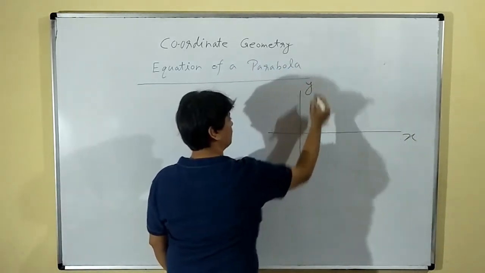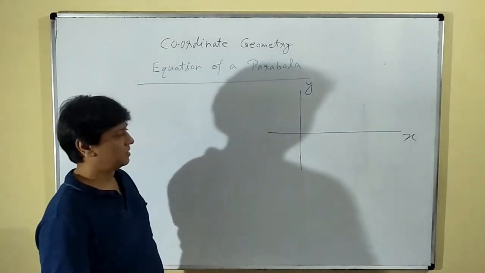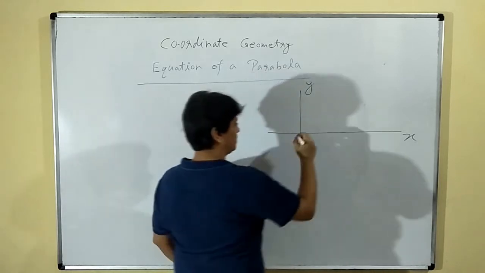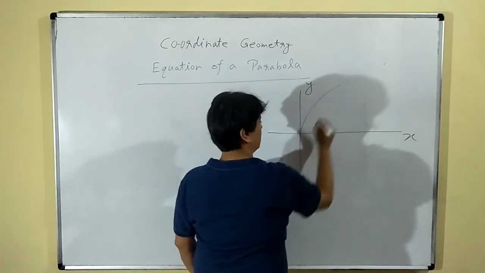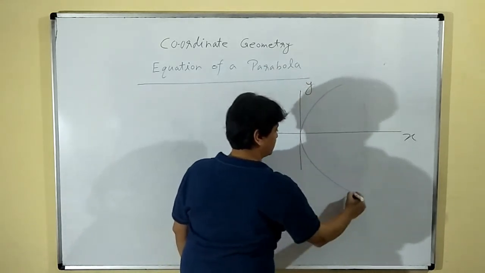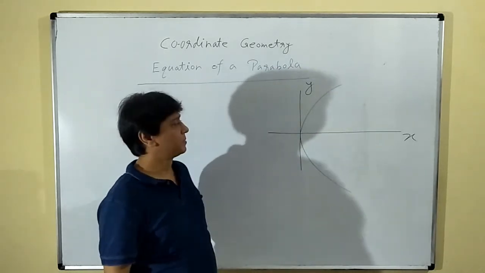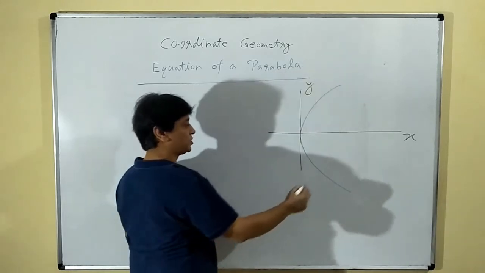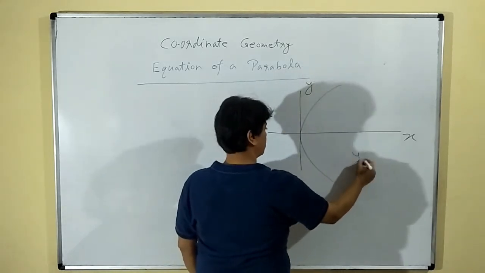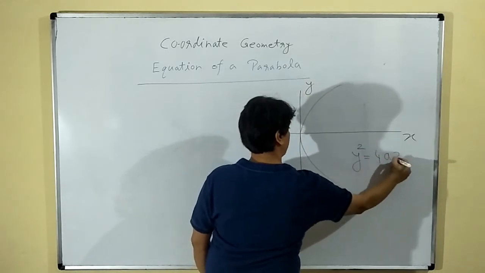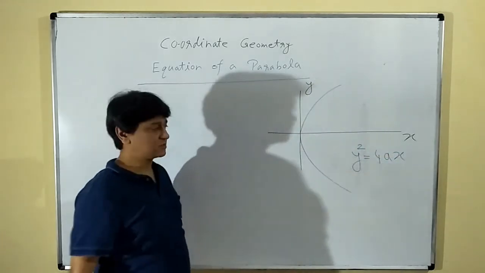X-axis, y-axis. If you draw a graph like this, blue shape, then its equation is given by y square equals 4ax.